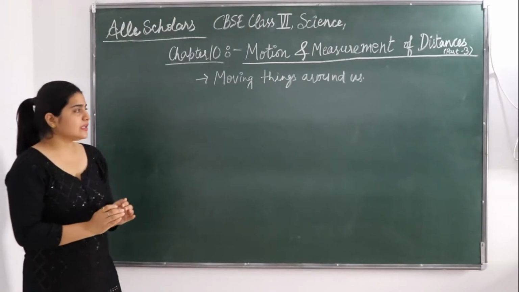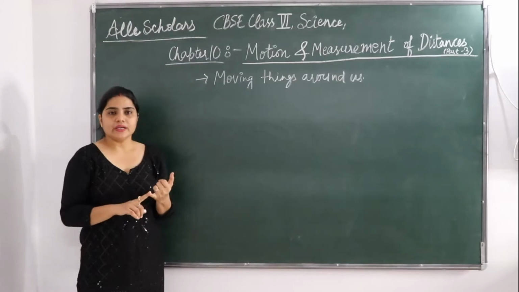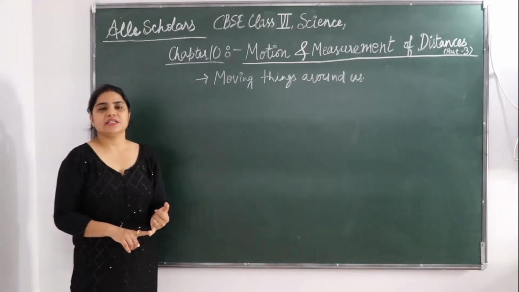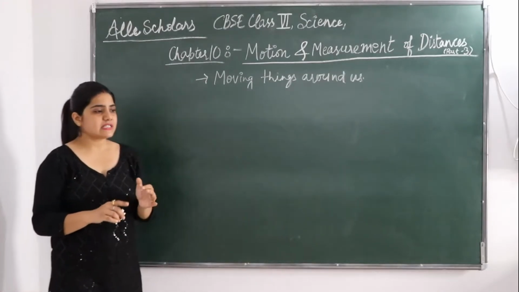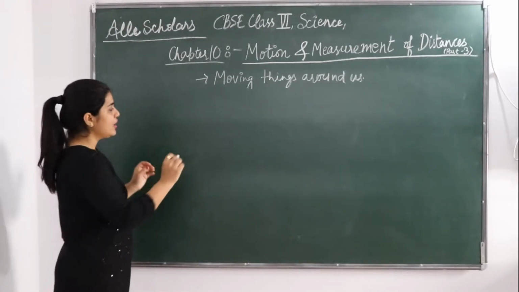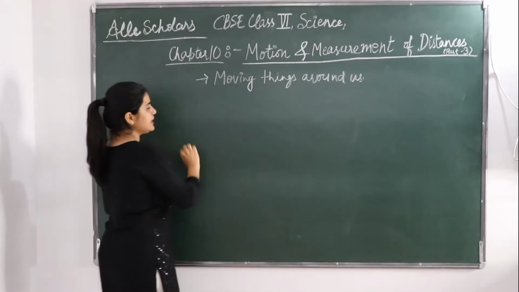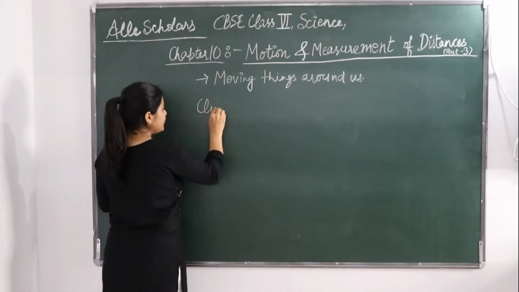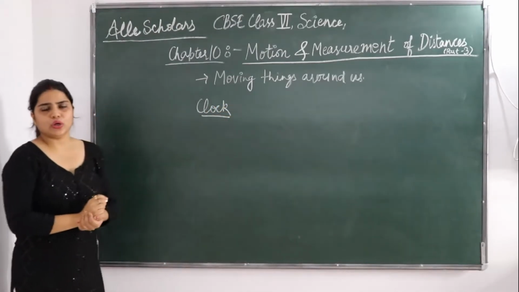Now the question is, when are you going to say an object is in motion and when will you say an object is at rest? Many objects are around you. Suppose you see a clock. What will you say about the clock?